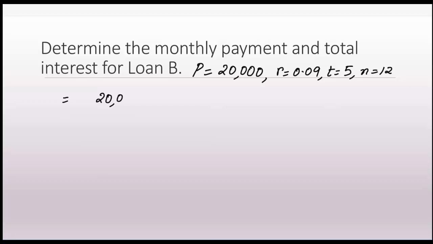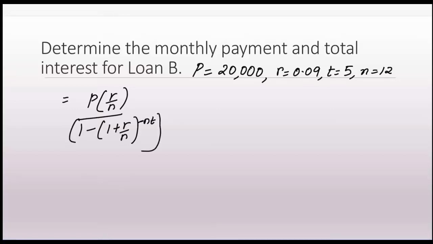Again, I know my principal value is $20,000. The rate in this case is 9%, 0.09. The time is 5 years, and I still pay this every month. Let me go ahead and write the formula. The formula is P times R over N, over 1 minus (1 plus R over N) to the power negative NT.